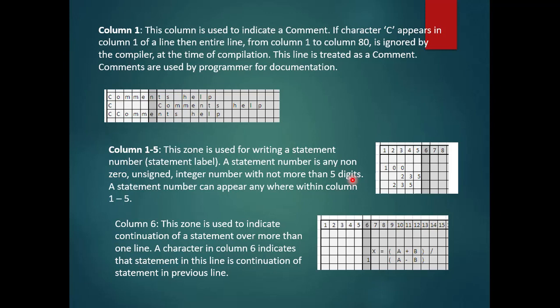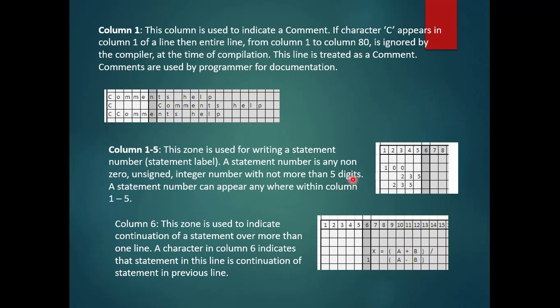So what does that mean? We simply write a digit or a number, a maximum of 5 digits, which can appear in any one of the columns from 1 to 5.